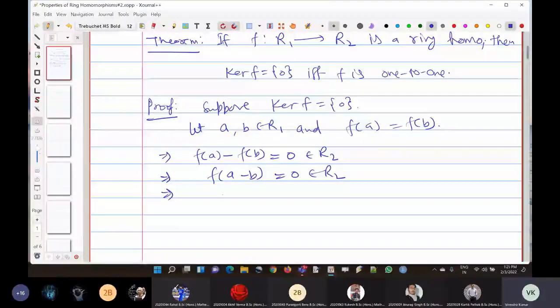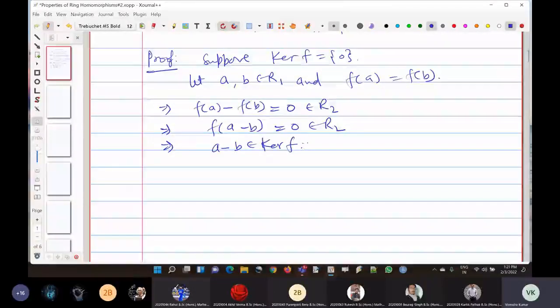Because f is a homomorphism, we can write f(a minus b) equals 0. So a minus b belongs to kernel of f, and this kernel has only one element, that is 0, singleton 0. So a minus b has to be 0, and this implies that a equals b. So this means that f is 1-1.